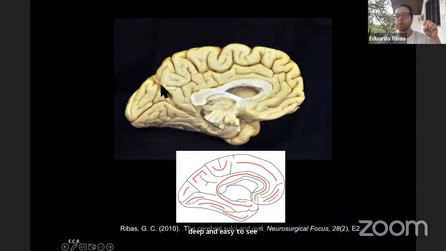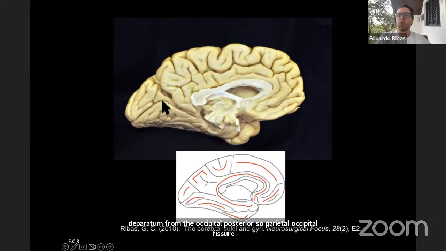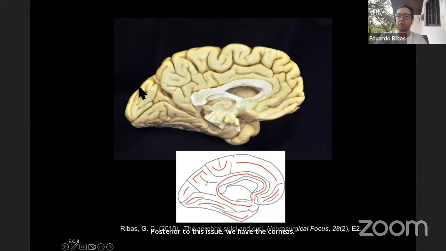It's called the parieto-occipital fissure. It's a good name because it divides the parietal anteriorly from the occipital posteriorly. Posterior to this fissure, we have the cuneus. It has this name because of its triangular appearance. Inferior to the cuneus, we have the calcarine fissure.